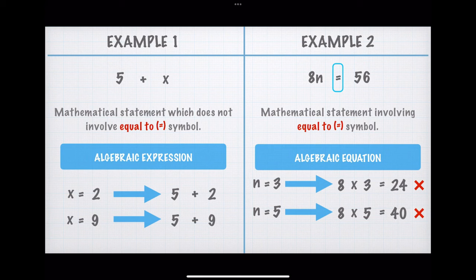Therefore, n cannot take the value of 5 as it does not satisfy the equation. But if we substitute n is equal to 7, then 8 into 7 is definitely equal to 56. Hence, the equation is satisfied only when n takes the value of 7.